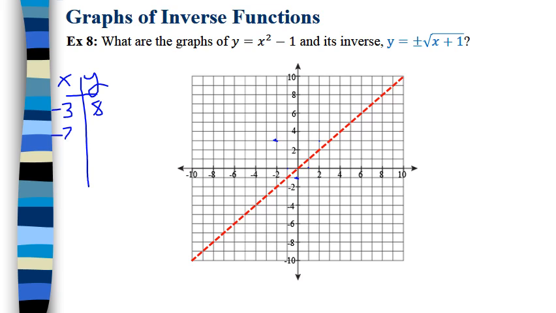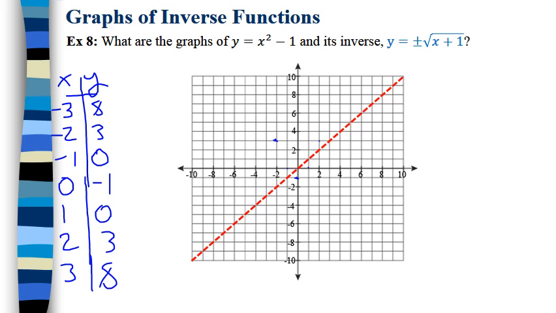If we put in -2, we get out 3. If we put in -1, we get 0. If we put in 0, we get -1. If we put in 1, we get 0. If we put in 2, we get 3. And if we put in 3, we get 8. So you can go ahead and graph those points. And so here's our function.